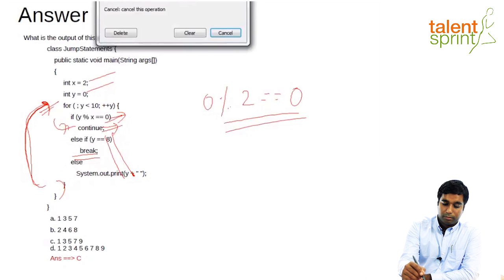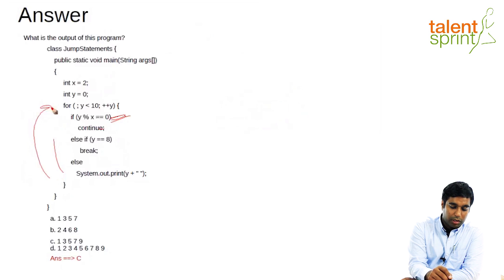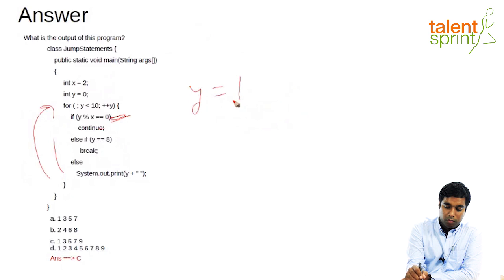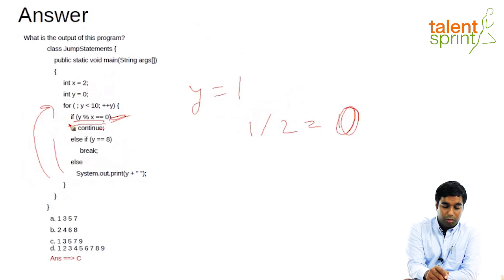So again, how this will work is, since this condition is true when y is equal to 0, it goes to continue and skips everything, then goes again, and y now becomes 1, correct? Now when y is 1, this condition is false because 1 % 2 is equal to 1 and not equal to 0, so it goes to else if.